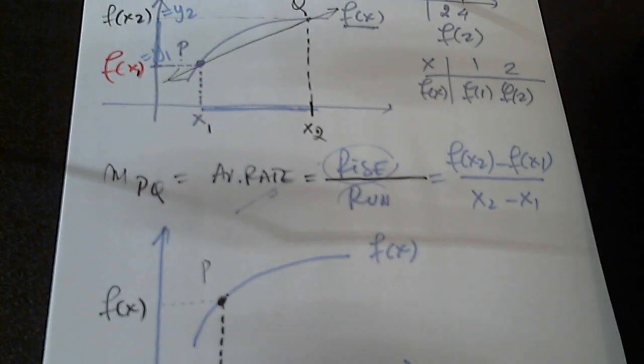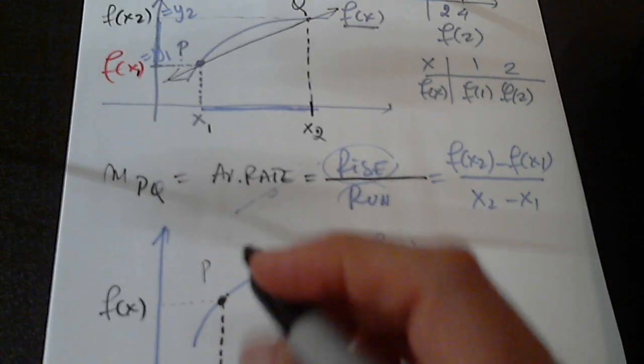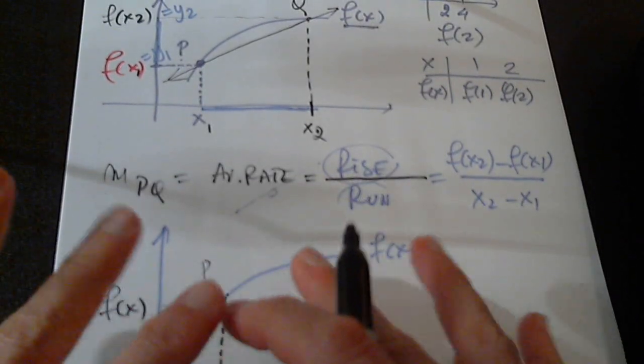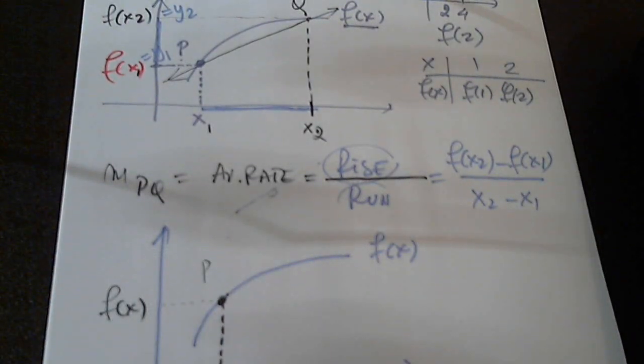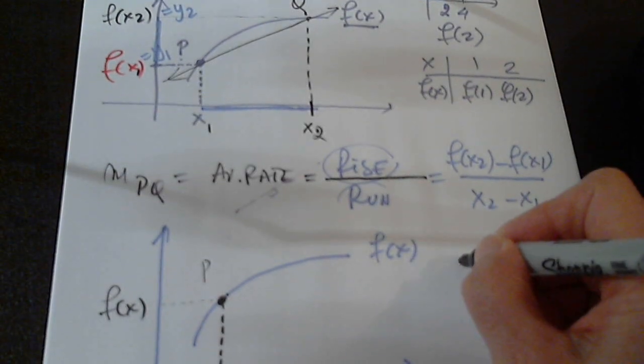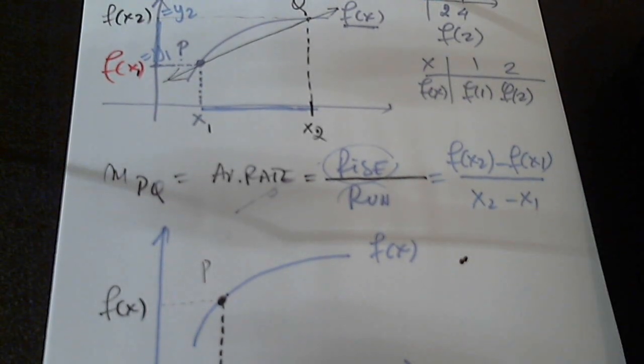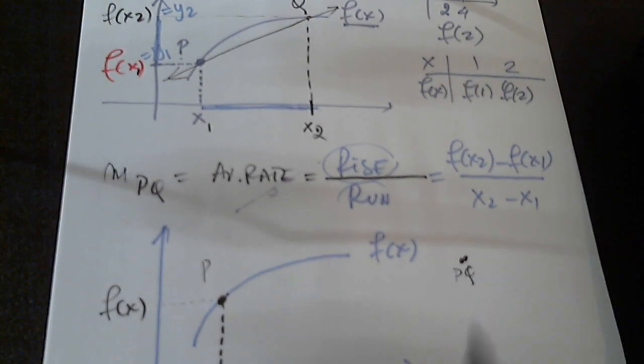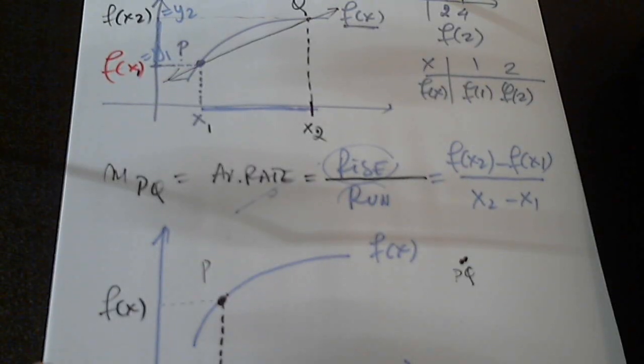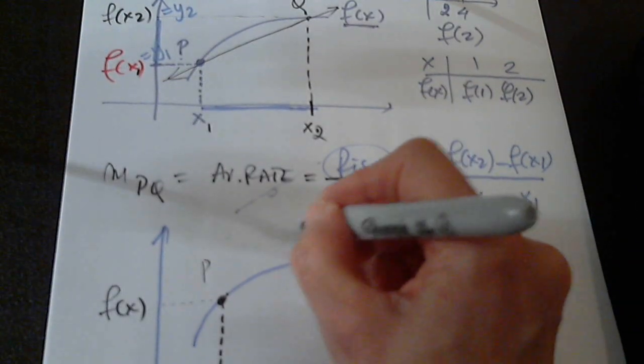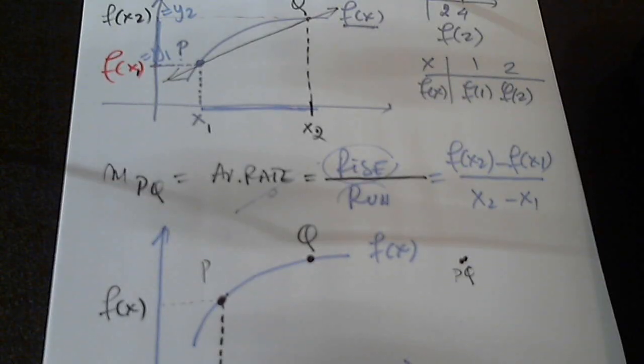Not the same, not overlapping with P, but very, very close. But allow me to zoom in because otherwise I can't show you anything. P and Q are this close. This is P and this is Q. But I will zoom in. So now they appear further apart.